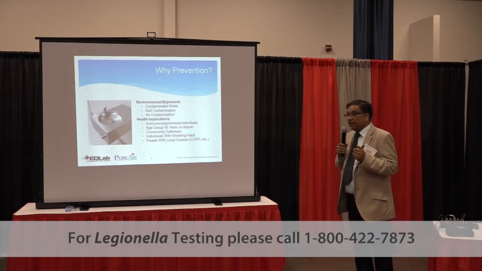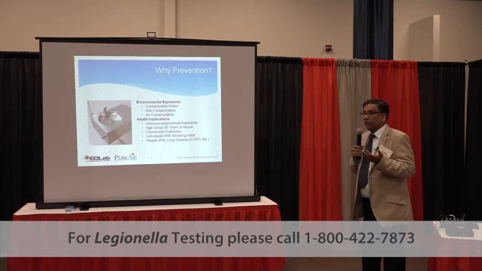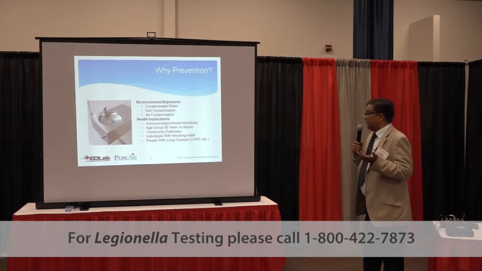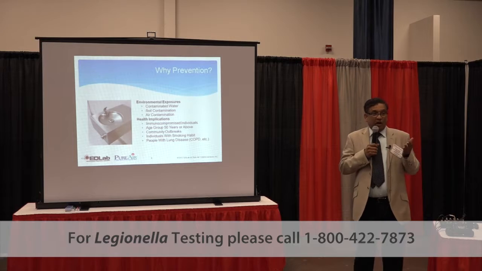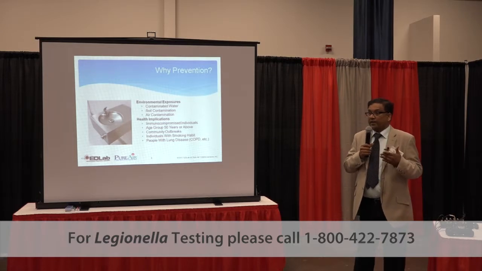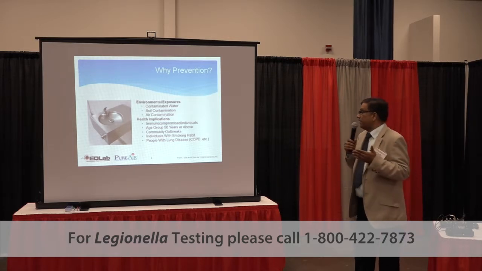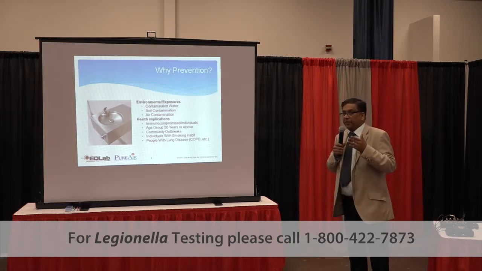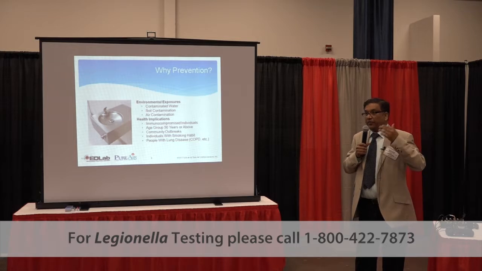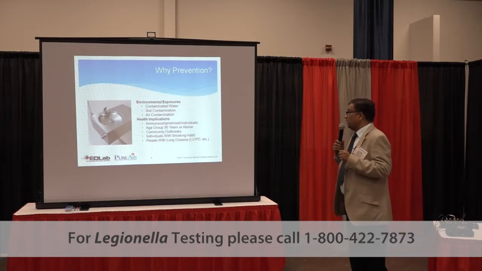What are the health implications, and who is more prone to acquire this kind of infection? The immunocompromised individuals are the top ones who are more vulnerable and at greater risk than others.